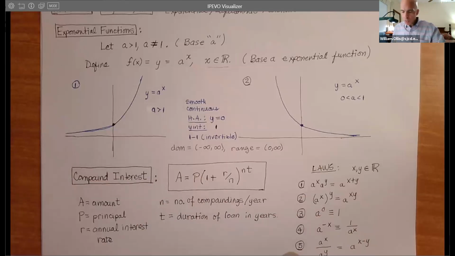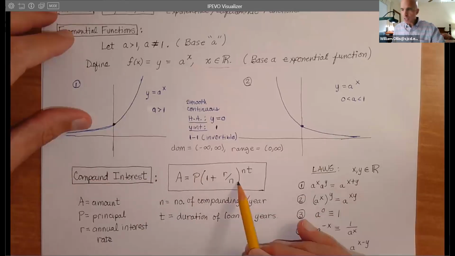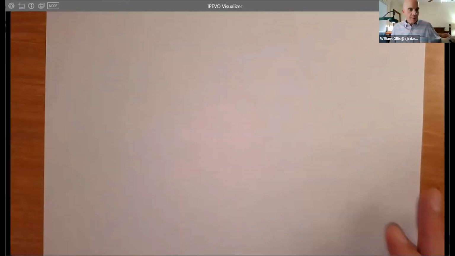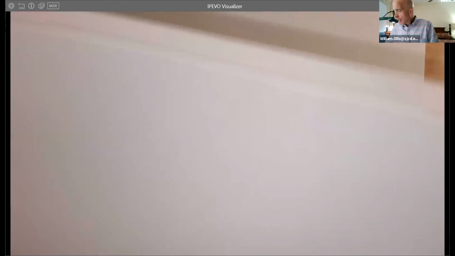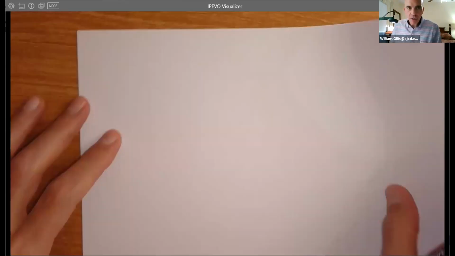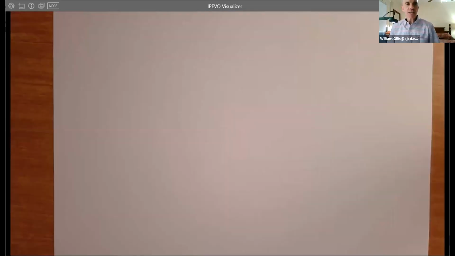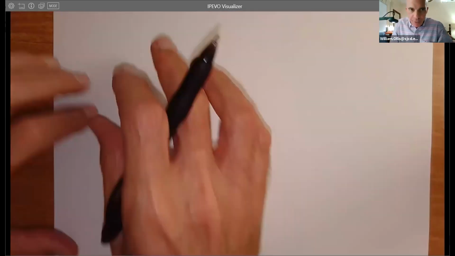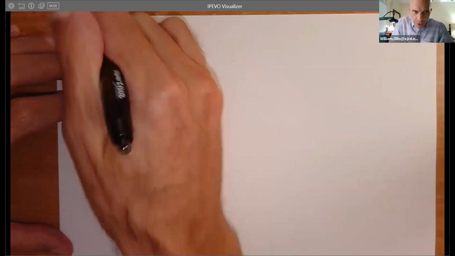So what I want to do is do a little example with this and show you about the Google calculator. Now, again, it's good to get your feet wet and get accustomed to using these exponential functions again, because we've been doing all these polynomials, which are very different.